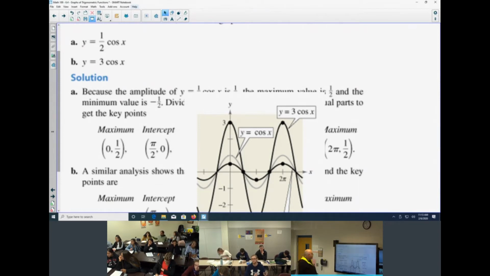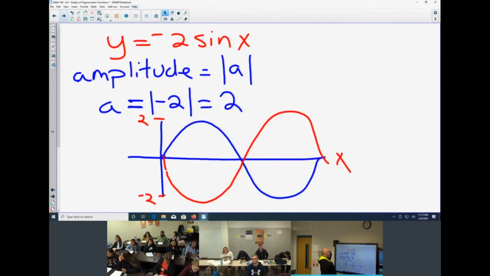All right. So let's see if you can do the practice problem there. Well, okay. I remember somebody asked me, what does a negative do? If the amplitude is the absolute value, here the amplitude would still be 2. But the difference is when you have a negative in front, instead of the sine wave going up to 2 and down to negative 2, it actually goes down first.